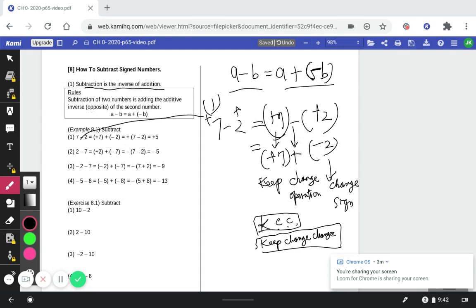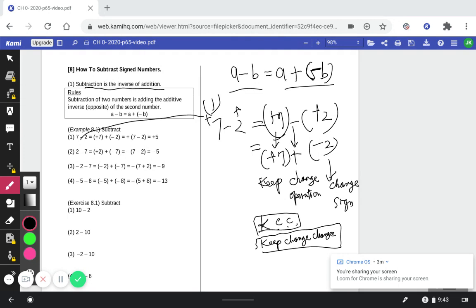So in that way, you can apply the addition rules of signed numbers, which is quite handy and eliminates a lot of confusion.